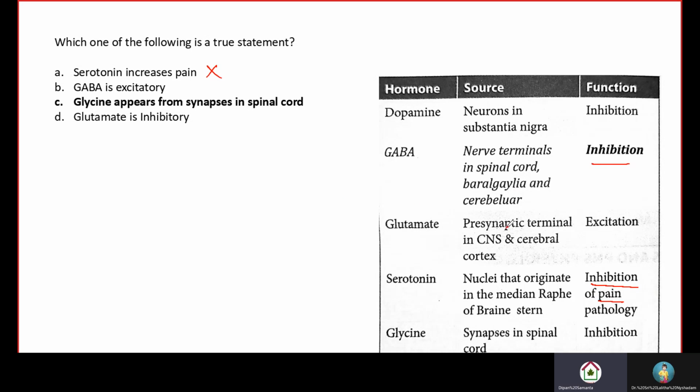Glutamate is inhibitory. Again false. Glutamate is excitatory. Glycine appears from synapses of the spinal cord.